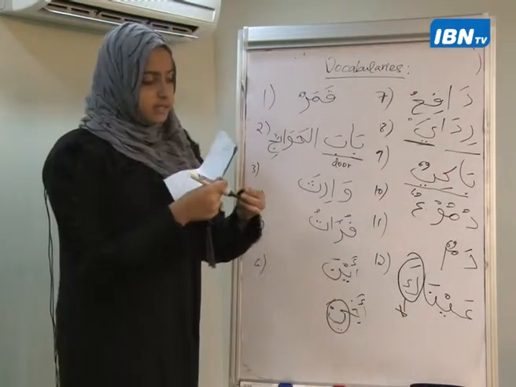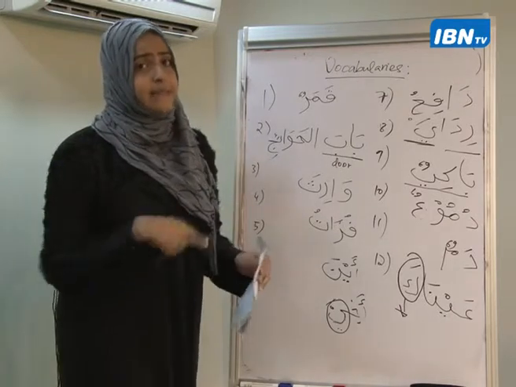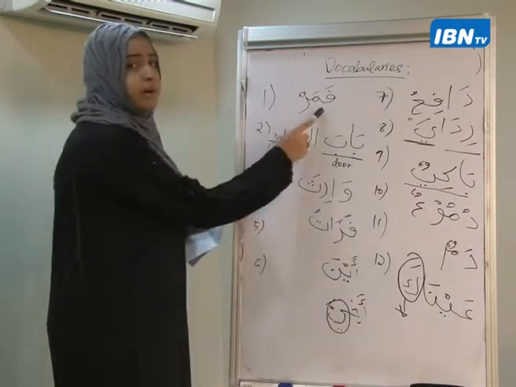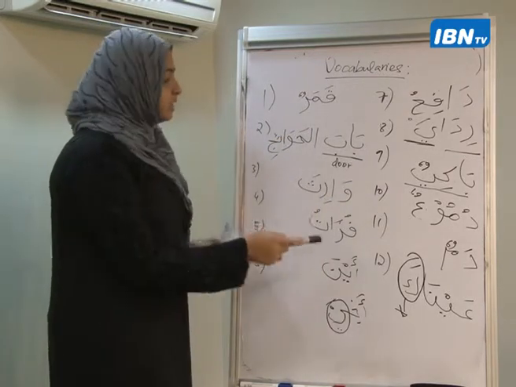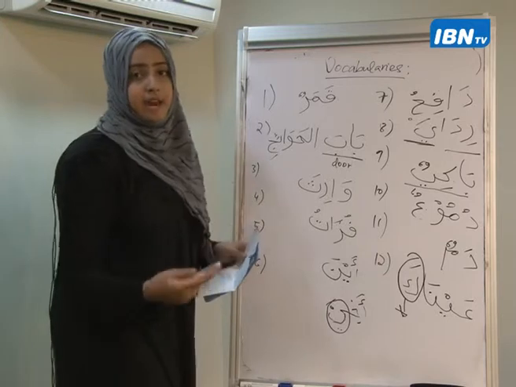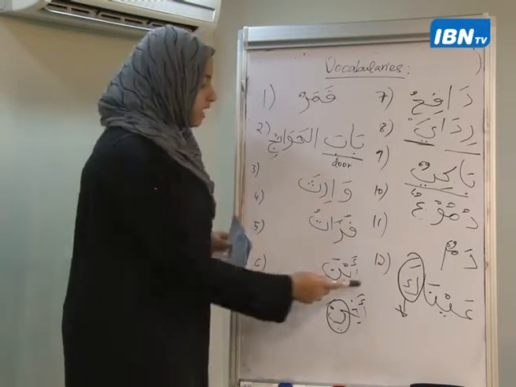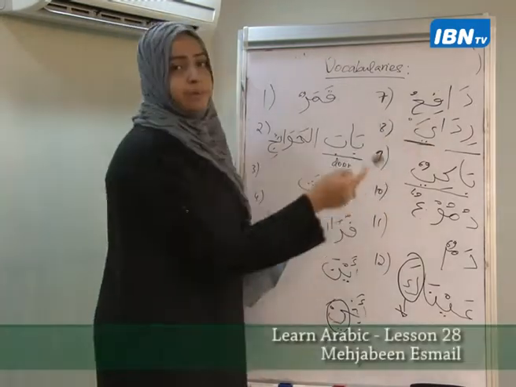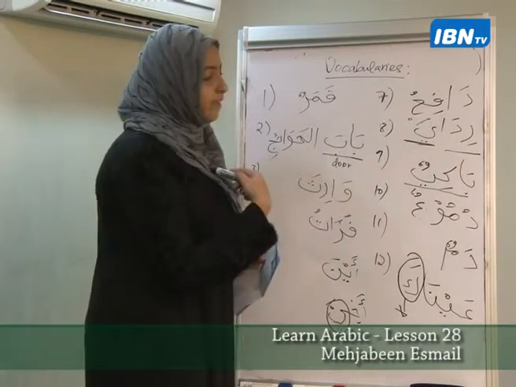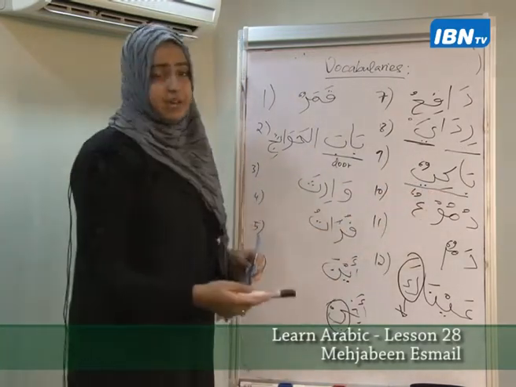So these were the words. There are more words, so we'll go through this one last time and then I'll give you more words. Qamar, moon. Babul Hawaij, door of fulfillment of wishes. Waritha, heir, the one who inherits. Furat, the river Euphrates. Aina, where. Akhi, my brother. Dafi'u, protector. Ridaya, my veil. Bakiyun, crying. Dumur, tears.